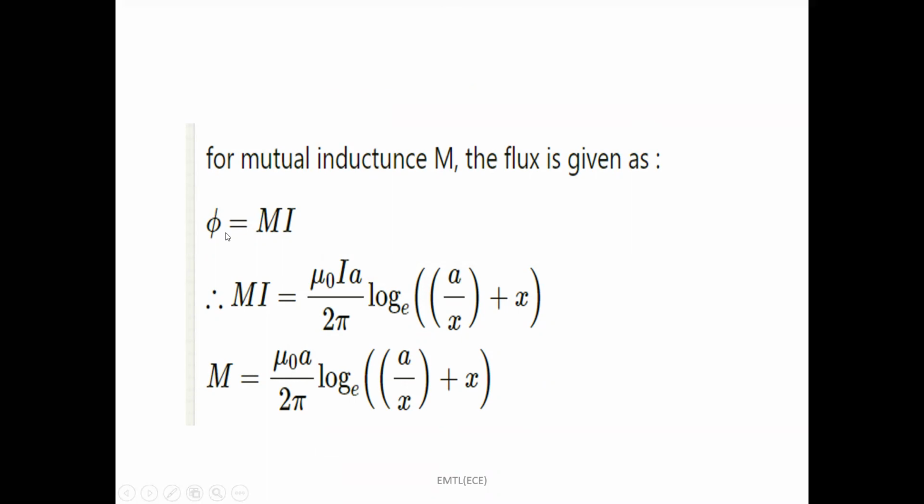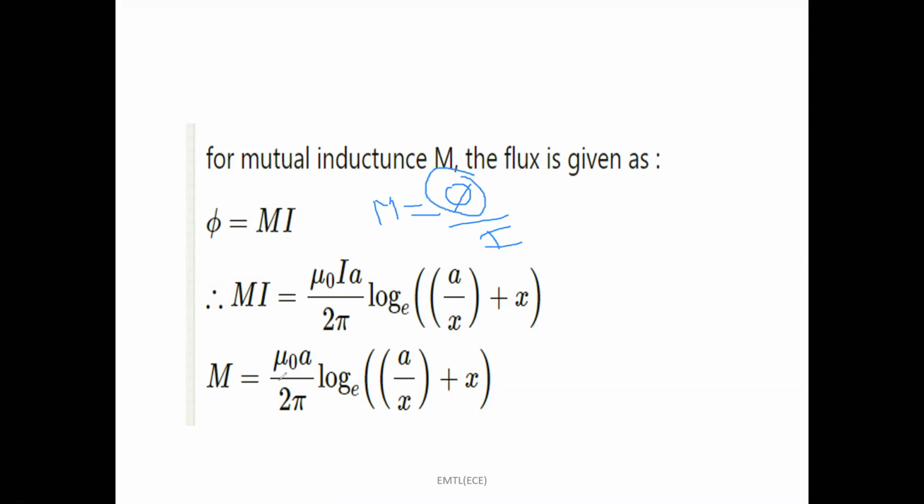The relation between magnetic flux, mutual inductance and current is phi equals M into I. Now, from this relation, M is equal to phi by I. Simply substitute the expression of phi, and when you observe it, there is an I value here.